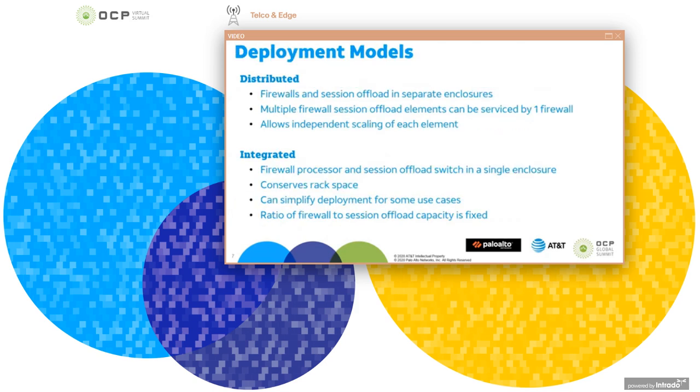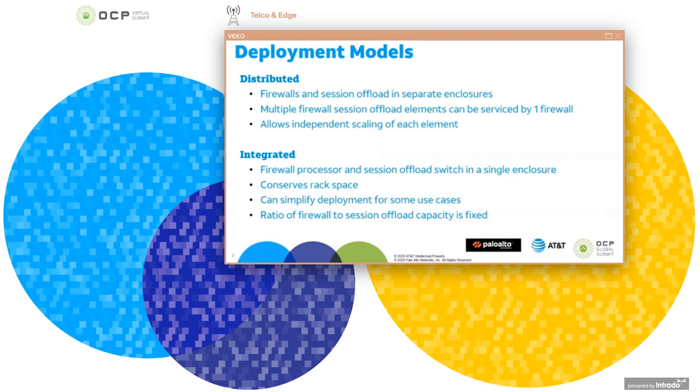There are two deployment models. The first is distributed, with the firewall and the session offload device in separate enclosures. The advantage is that you can have multiple session offload devices, switching elements in the initial implementation, serviced by one firewall. And because they're in separate enclosures, they can scale independently.